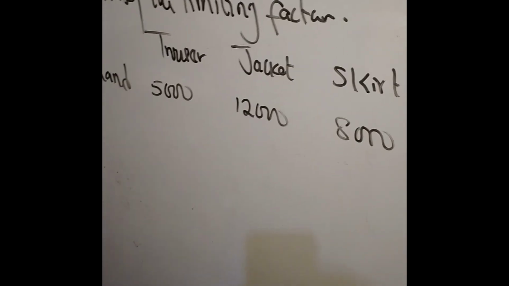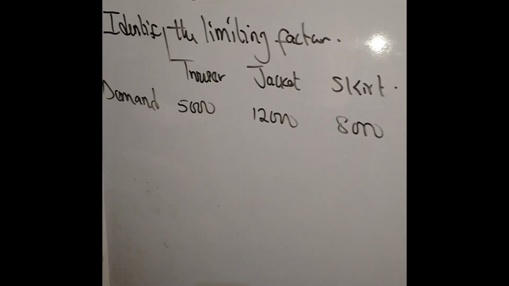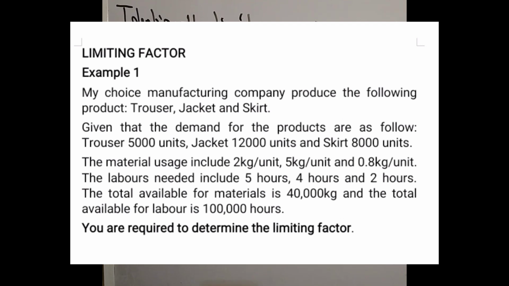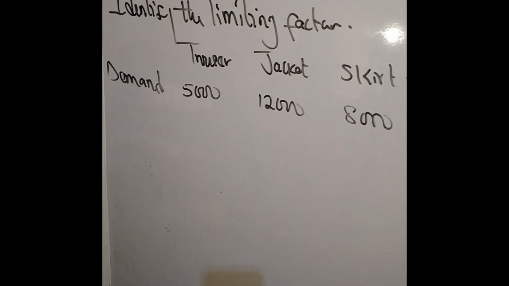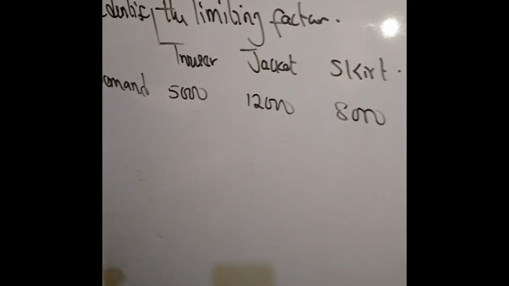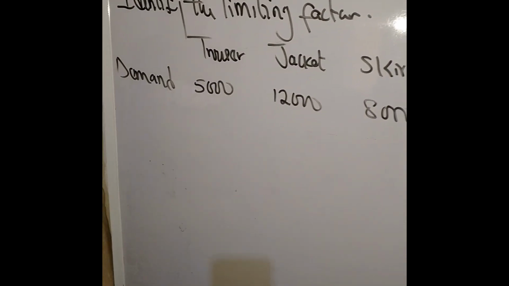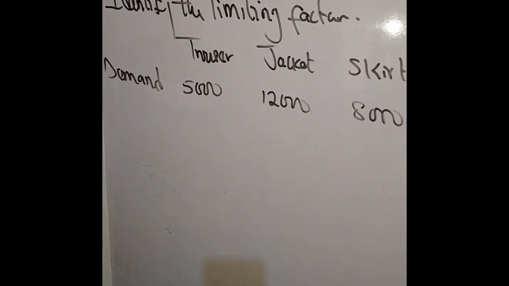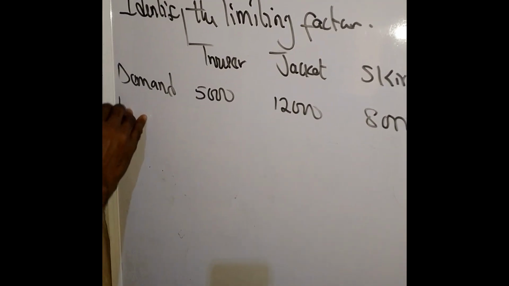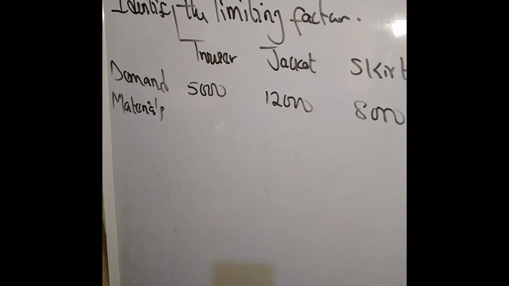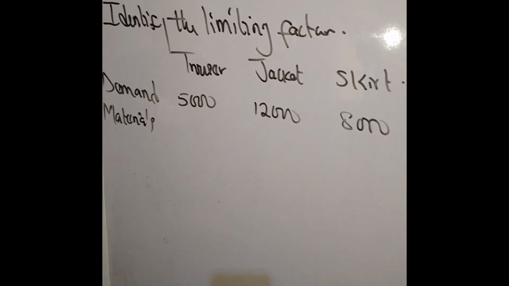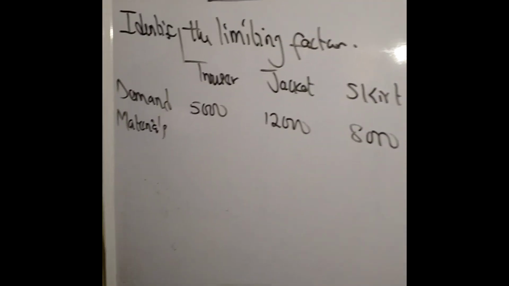Now, they further told us that the material usage includes 2 kg per unit, 5 kg per unit, and 0.8 kg per unit for each of these three. So we are going to bring the materials required. The number of materials per unit, we are going to bring it down.